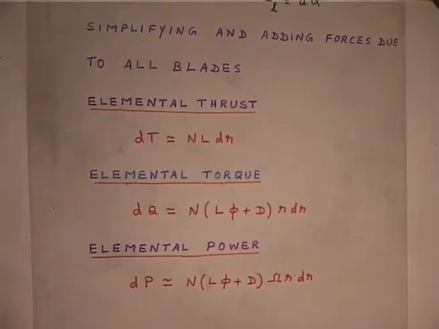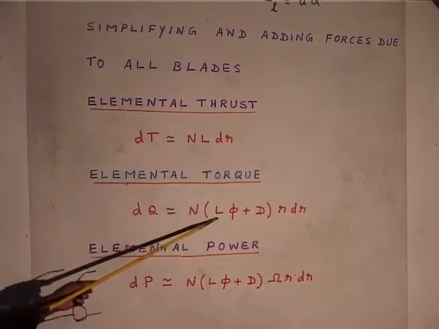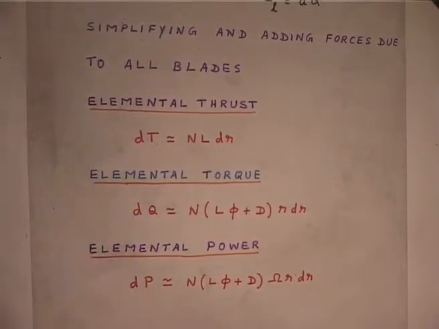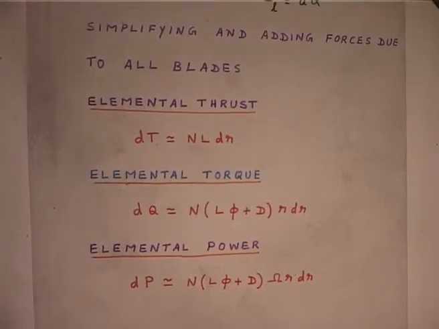But right now I am calculating only the torque, which is L phi, because I have approximated Fx as L phi plus D, and it is acting at a distance r from the center.